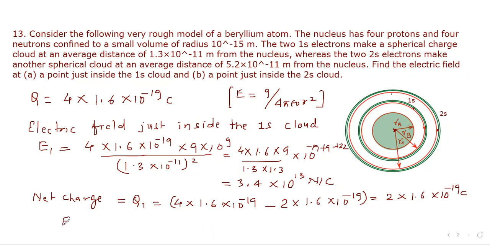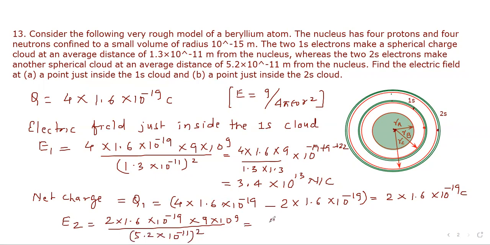So E2 equals charge 2 into 1.6 into 10 to the power minus 19 into 9 into 10 to the power 9 divided by distance. Distance is 5.2 into 10 power minus 11, squared.